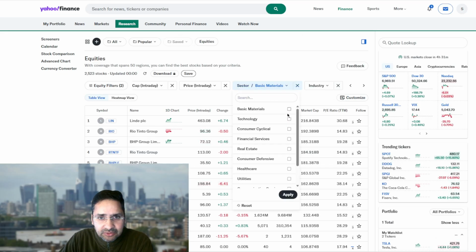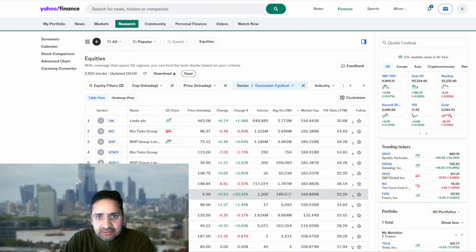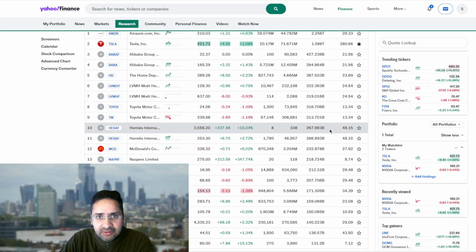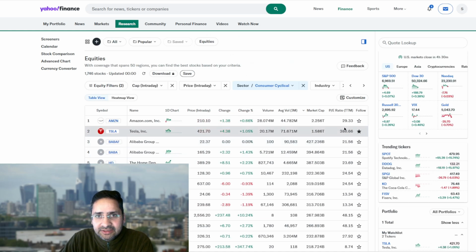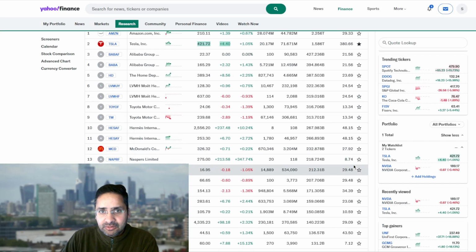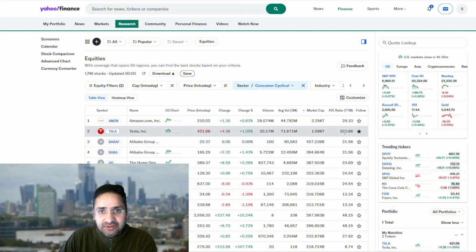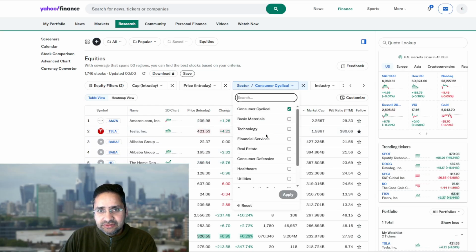And if we go to consumer cyclical and apply, there are still companies that have price to earning ratio of 48, but more or less in the range of 20s, with an exception of Tesla, which is giving 380 price to earning ratio. Let's switch to some other, let's say, real estate.